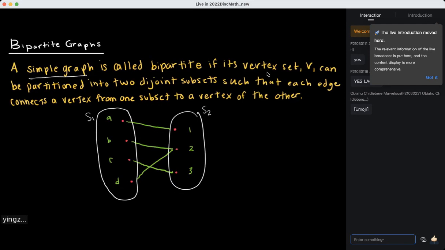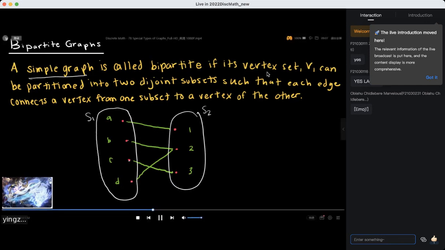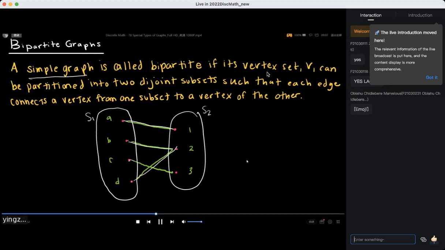So notice here, A is not connected to B or C or D, and 1 is not connected to 2 or 3, but I can have an edge that goes from set 1 to set 2, and from set 1 to set 2, and set 1 to set 2.